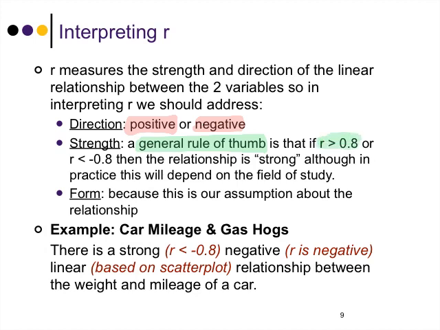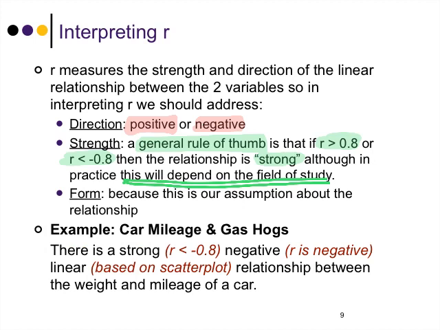is at least 0.8 or less than negative 0.8, then we declare the relationship to be strong, right? Although, again, in practice, this will depend on the field of study. So in something like deciding the effectiveness of a drug, or a relationship between some kind of genetic attributes and the chances of you getting cancer, you really have a very high threshold, right?